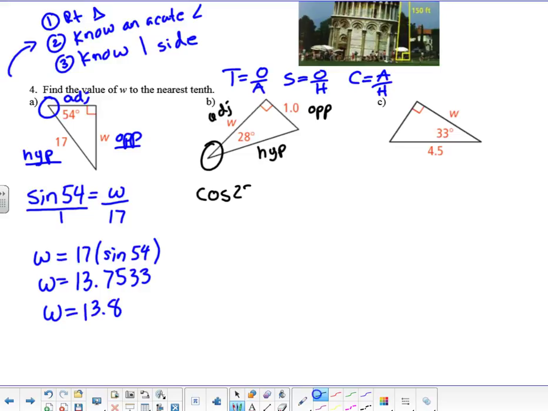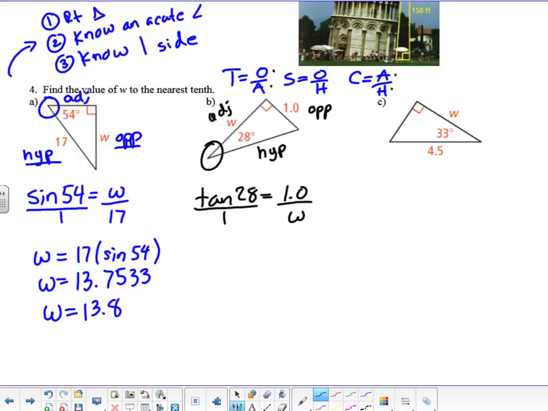So the cosine of 28 is... not cosine. Adjacent and opposite. This is a tangent question. Sorry about that. So the tangent of 28 is 1.0 over W.